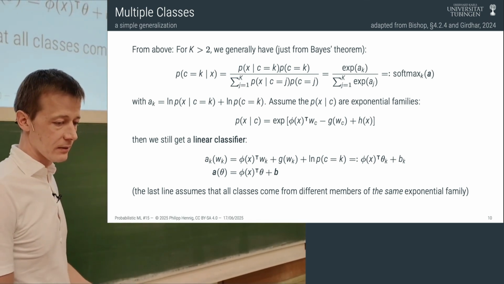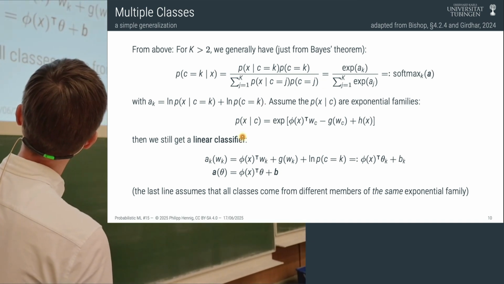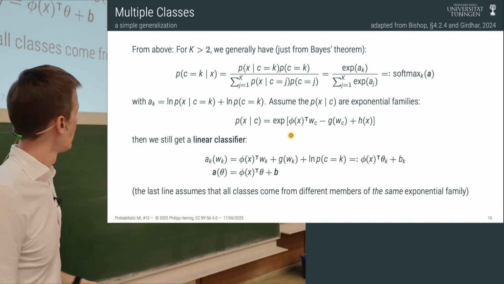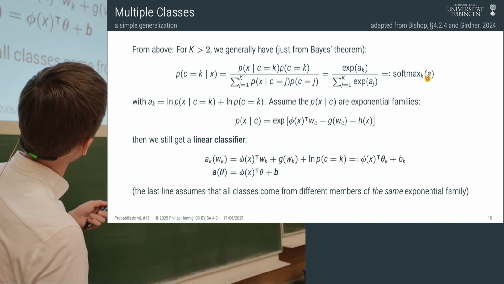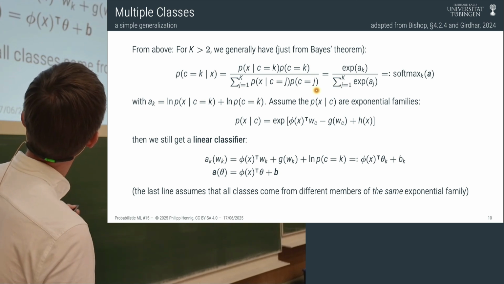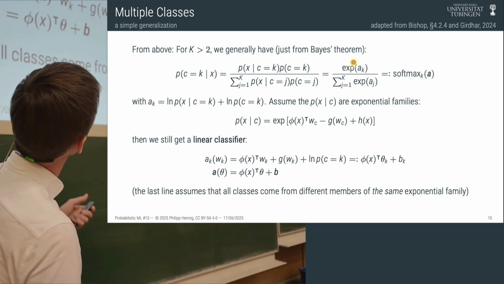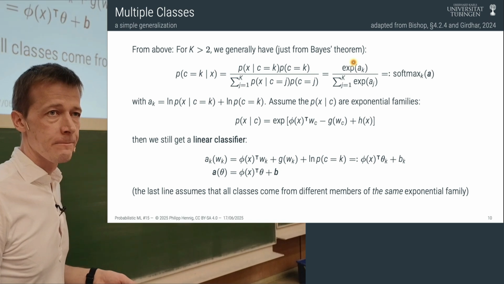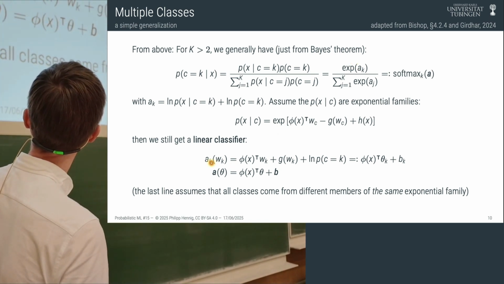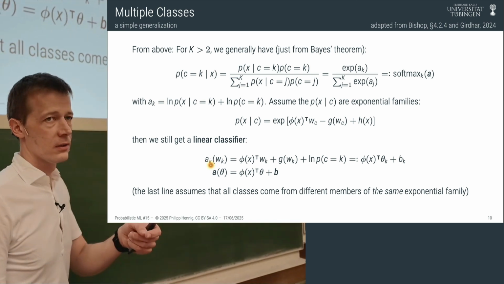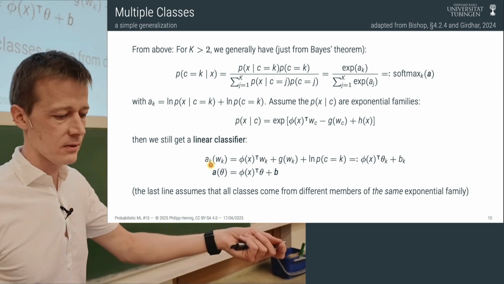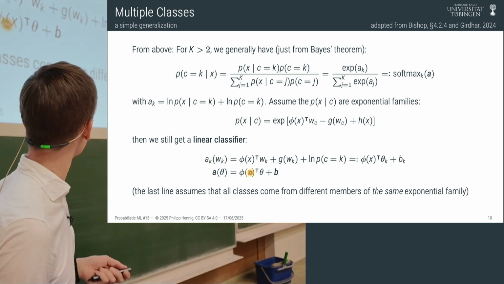And correspondingly, if we assume that each of the class conditional distributions comes from its own exponential family distribution, then this A that goes into the softmax, which is the logarithm of these probability distributions, just cancels the exponential in the exponential family, and we get individual classifier models, logits, that are linear models.